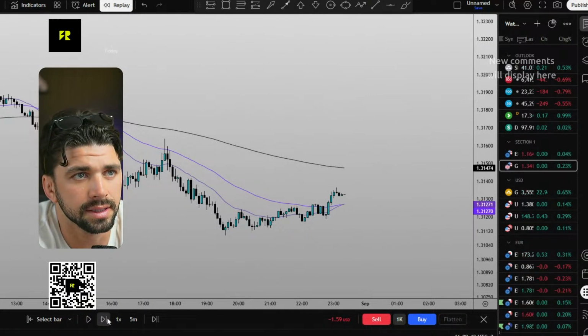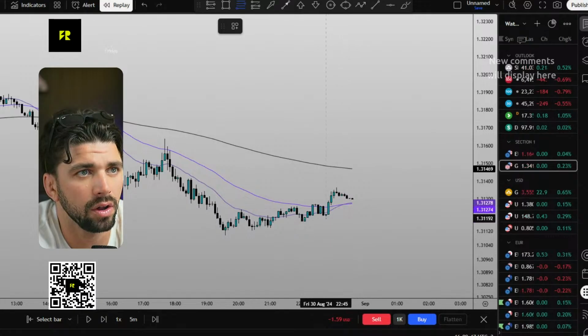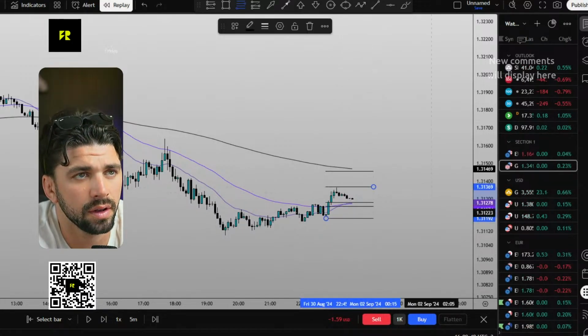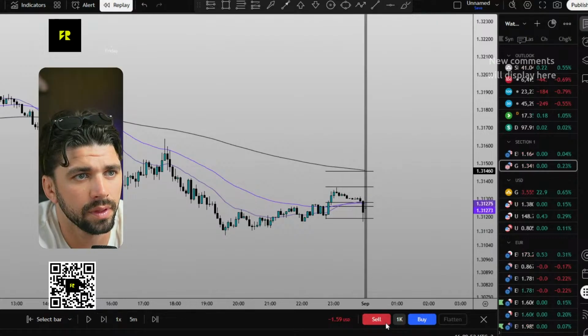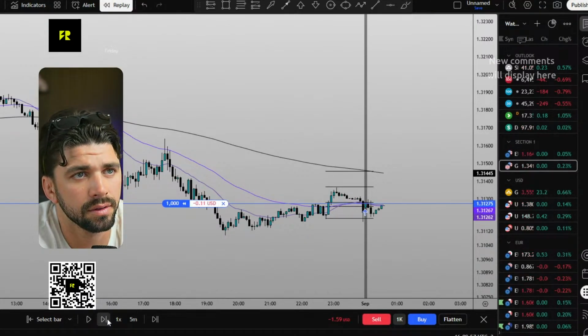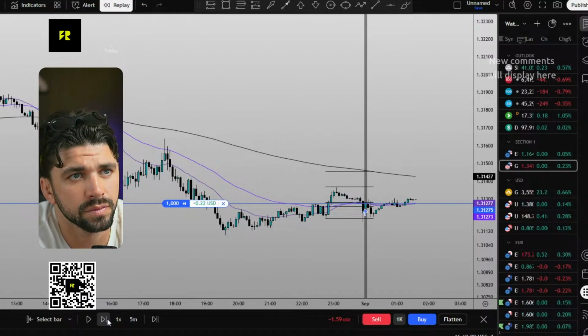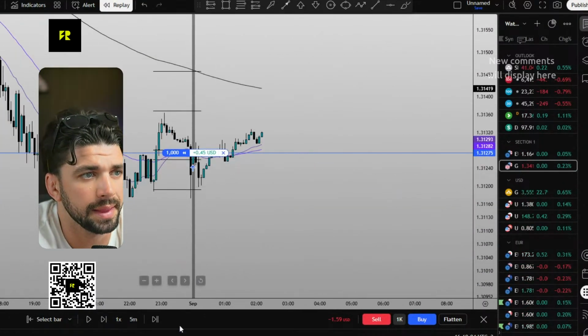This is a little bit late in the session. We're going to wait for it to come back onto that level. There you go. Let's say we're going to buy. I'm going to wait for it to come up to that 200 EMA, and that would be the trade.